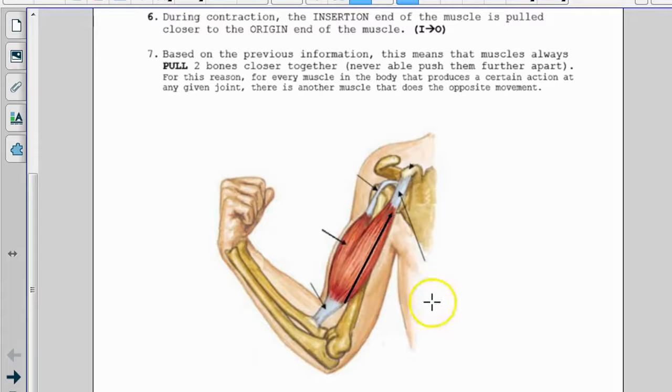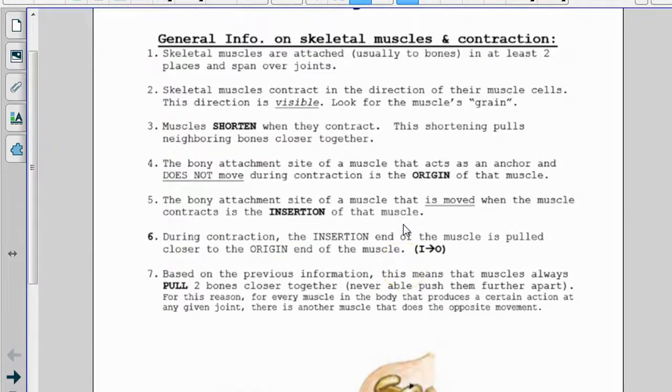So we have potentially an action that would occur in this direction or in this direction, and so we have to see what is going to make sense for this particular muscle, but it's going to pull in this direction, and so you want to look for the grain of that muscle, and we'll look at that again when we do our examples.